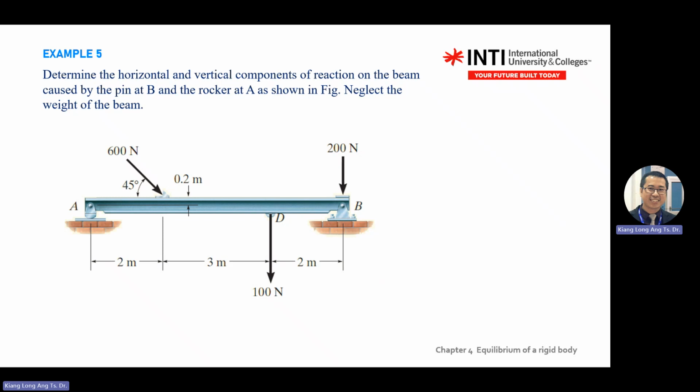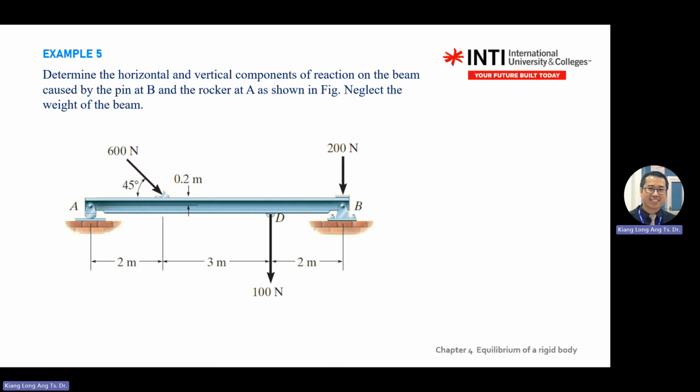Clockwise or anti-clockwise? Anti-clockwise, so it's positive. This one creates positive moment. A generates negative moment. Cy generates positive moment. Cx generates negative moment.